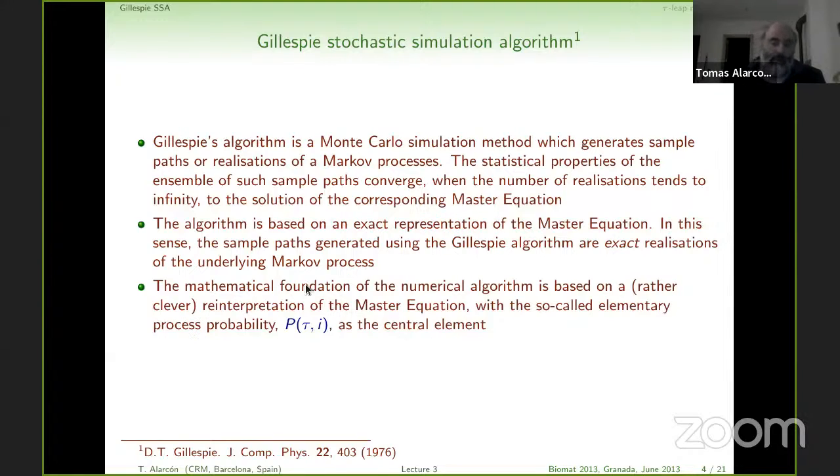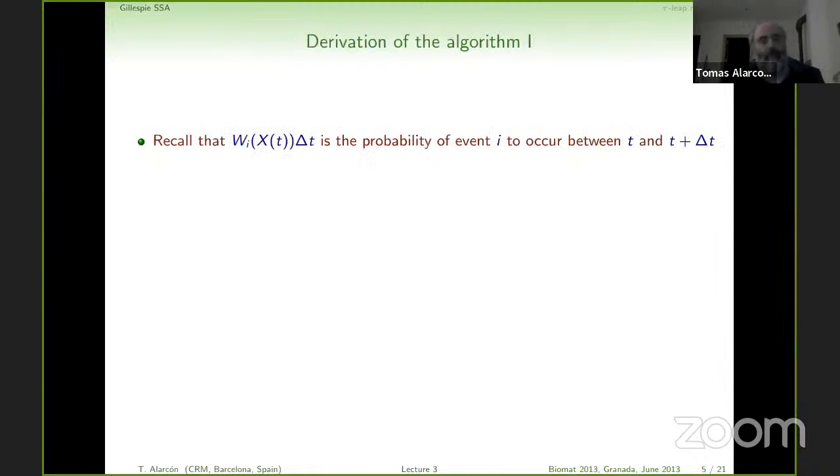This is the central quantity of the method. Recall that this quantity here, the rate multiplied by delta t, is the probability of the event i, the event that has this rate associated, to occur between t and t plus delta t.